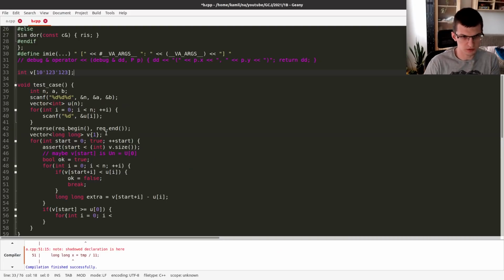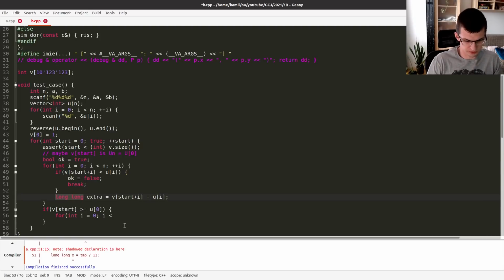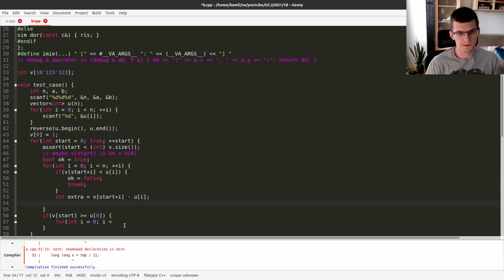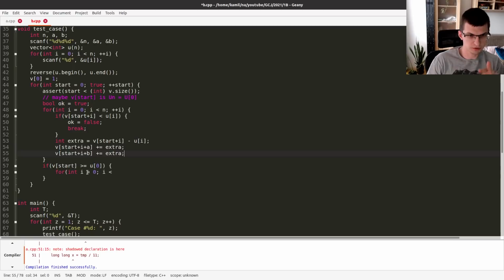I will not use long longs. V of 0 is 1. This is u. Otherwise, this is the extra. V of this plus A plus equal extra and plus B plus equal extra. I will need to cancel this later.